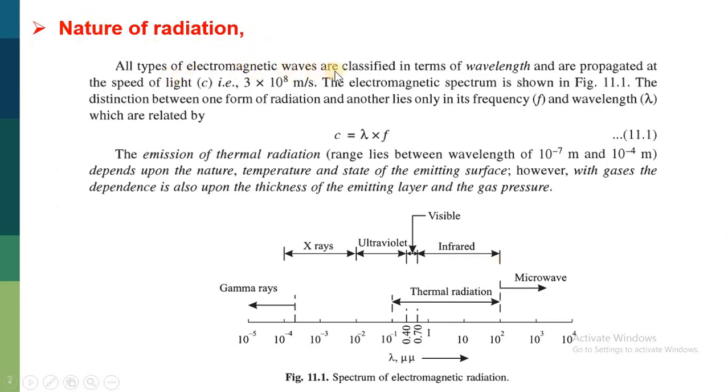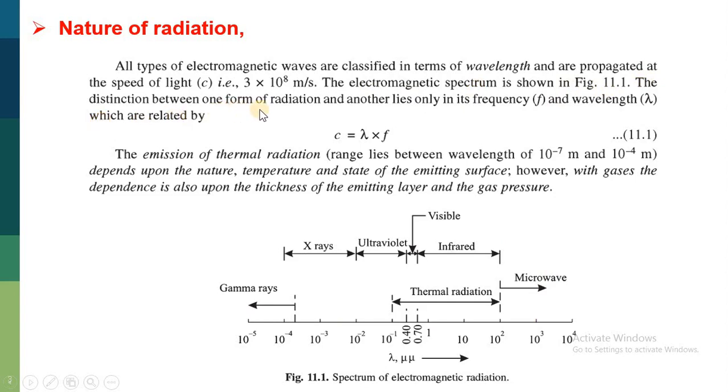All types of electromagnetic waves are classified in terms of wavelength and propagate at the speed of light. Whatever the different electromagnetic waves, like gamma rays, X-rays, ultraviolet rays, infrared waves, microwaves, all have different wavelengths, but their speed is the same as the speed of light, 3 into 10 raised to 8 meter per second, as shown in this figure.